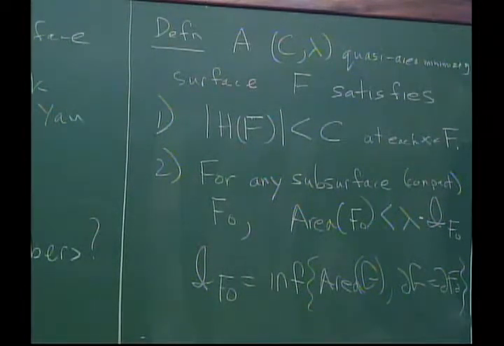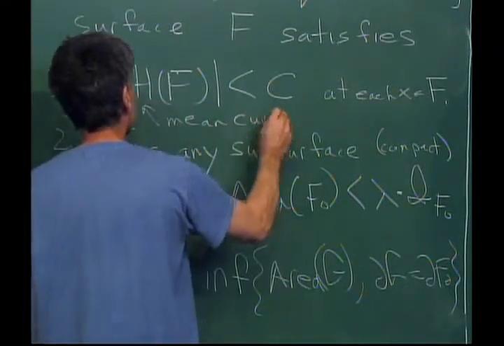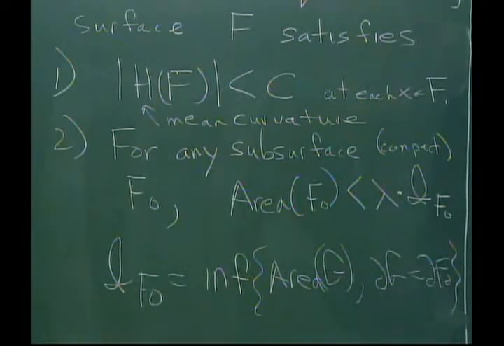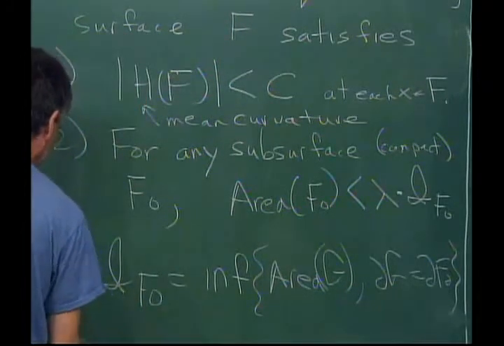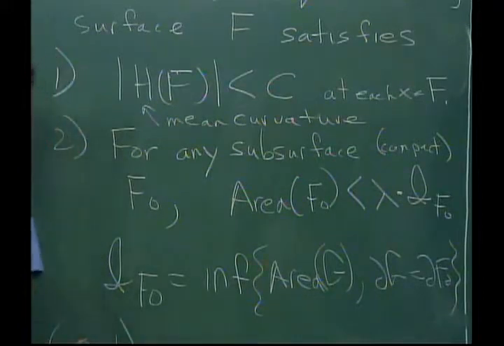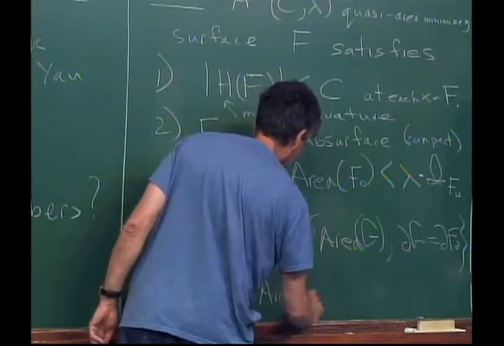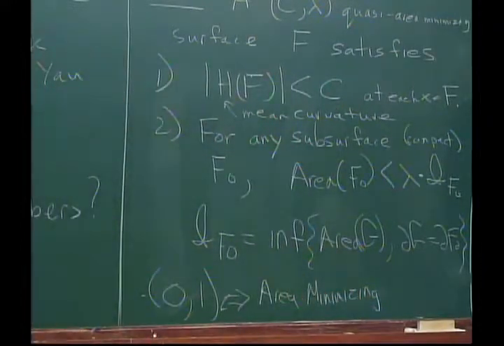H is the mean curvature. An area minimizing surface would be one which had mean curvature 0 and lambda equals 1. That would mean that you couldn't replace any compact subset with a smaller surface.